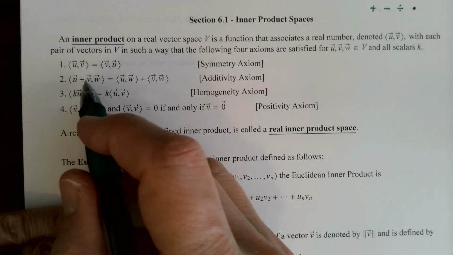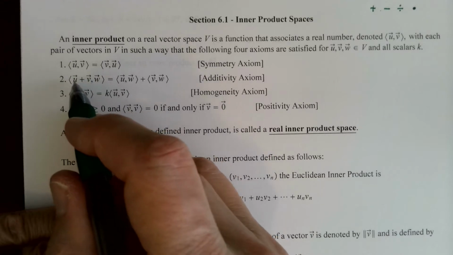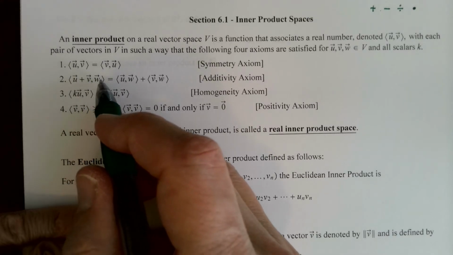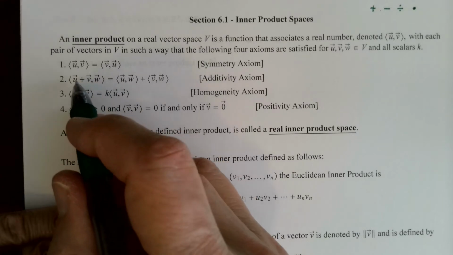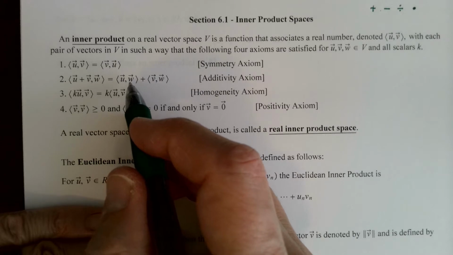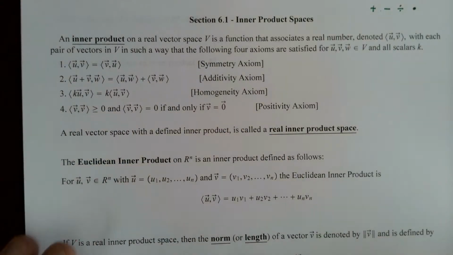If we take the inner product of u plus v with w, the comma separates the two vectors that we are doing the inner product of. We're taking these two vectors. It's going to be equal to the inner product of u and w plus the inner product of v and w. So sort of a distributive property in a way.